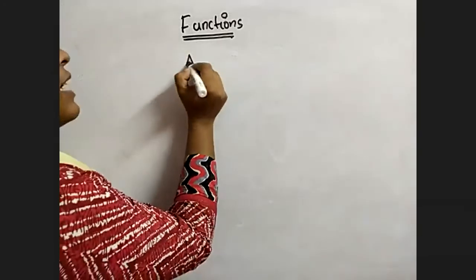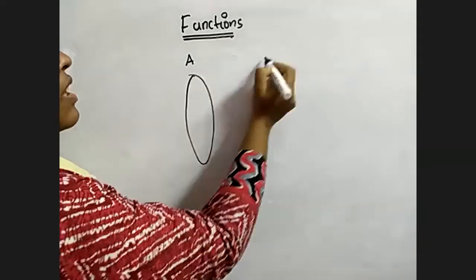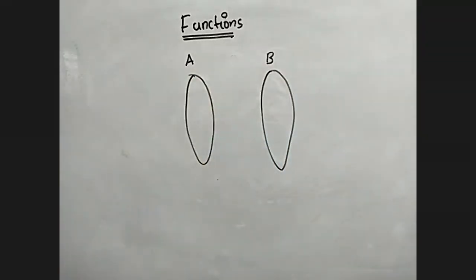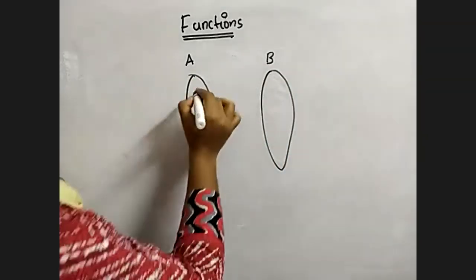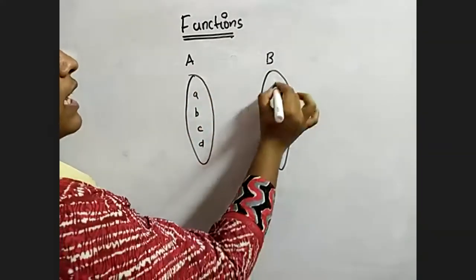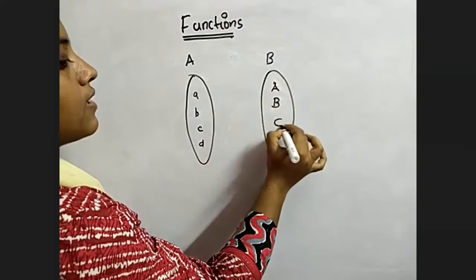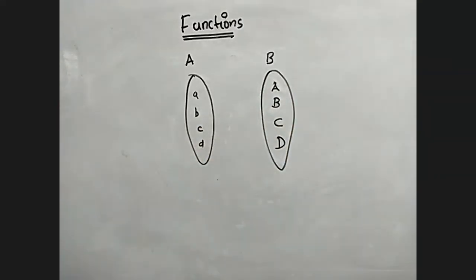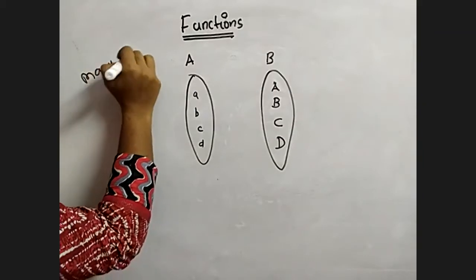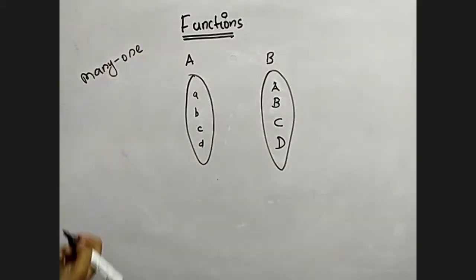Suppose I am having a set here, then I'm having elements A, B, C, D. Here I'm having A, B, C. First I'm explaining what is many-one function.